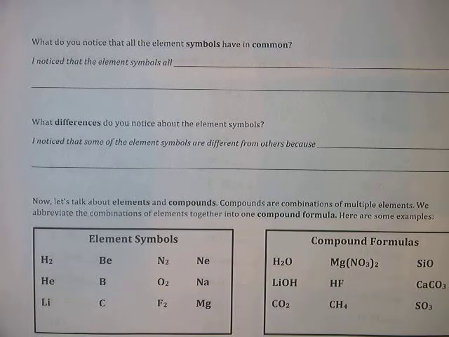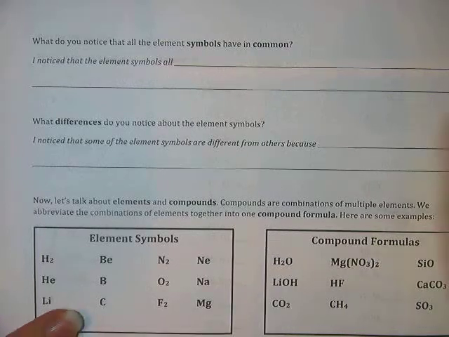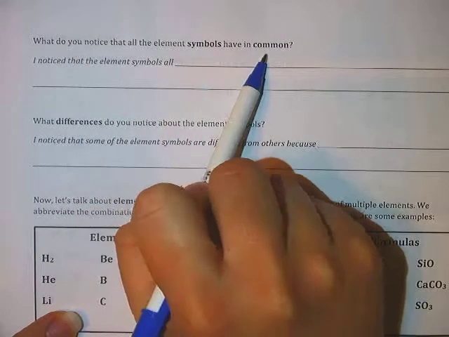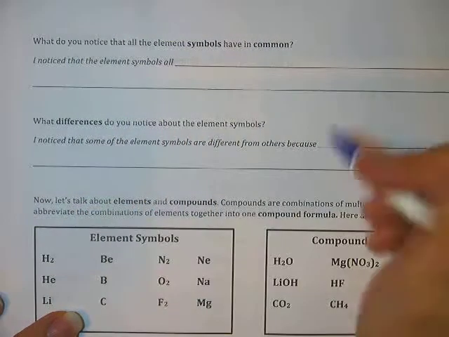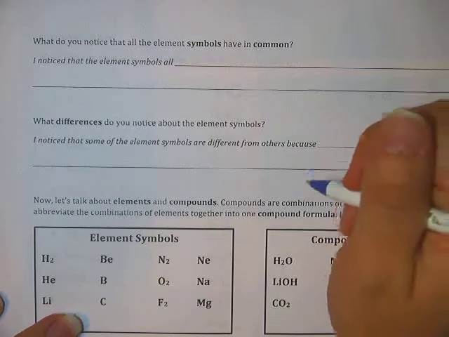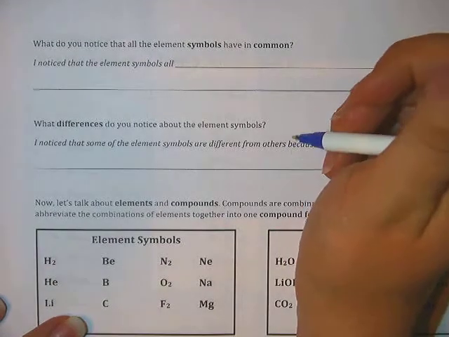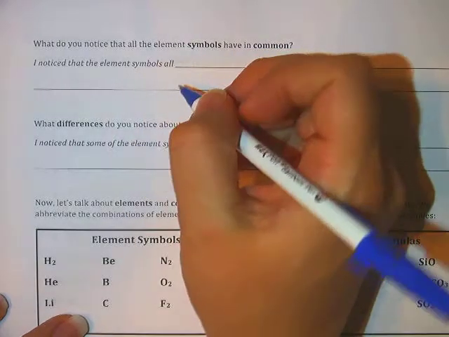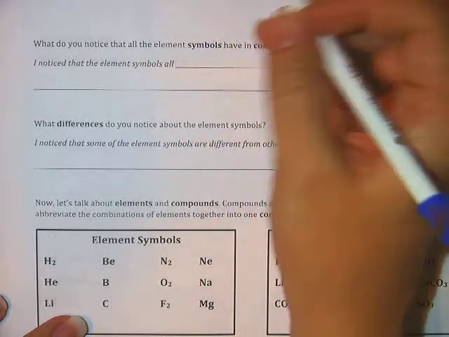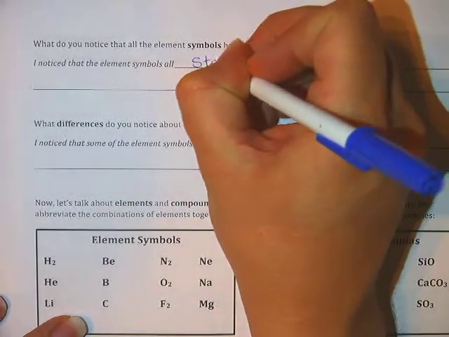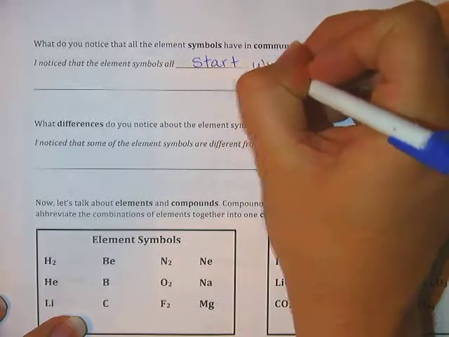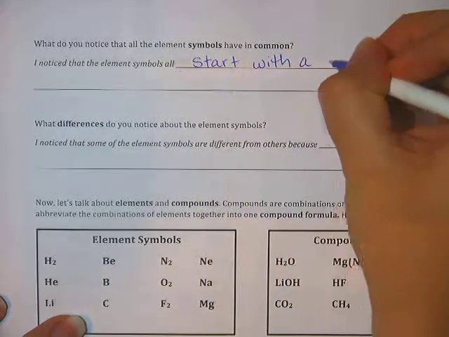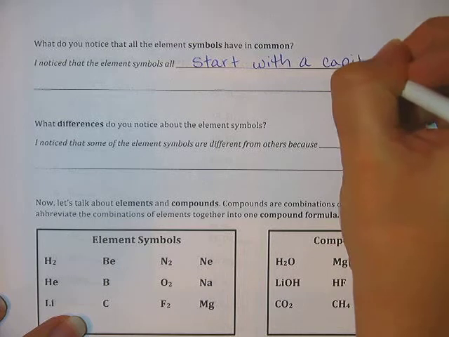So your discussion's over. We have an unpaused video now. What do you notice all those element symbols have in common? There are several things all those element symbols have in common. The one I care about the most is that all the element symbols start with a capital letter.